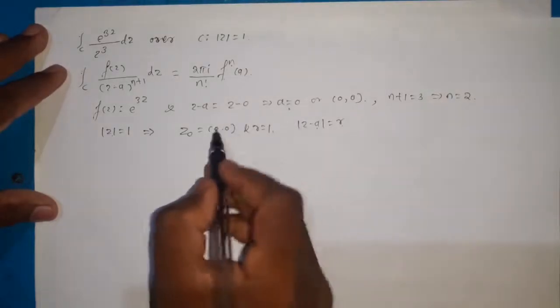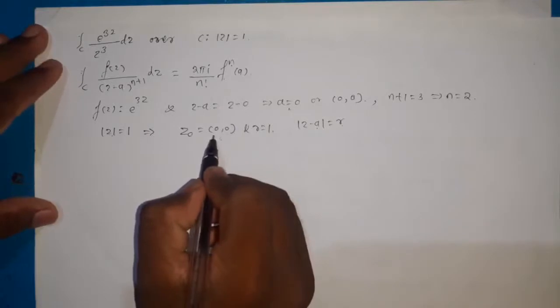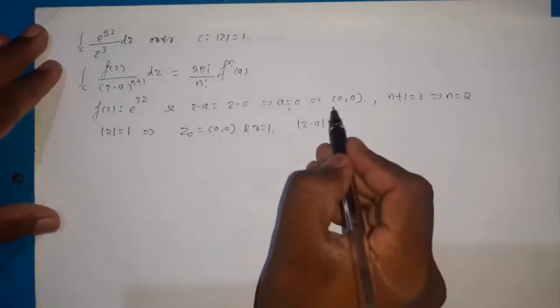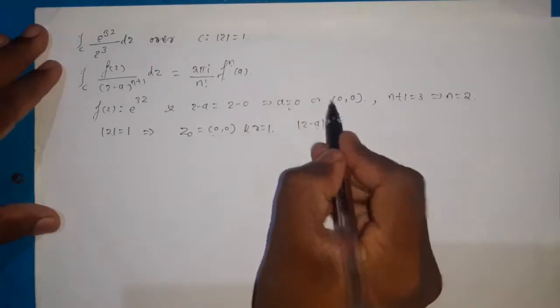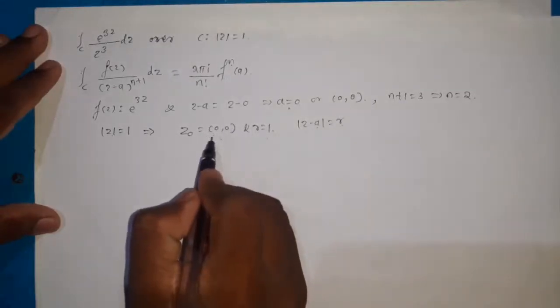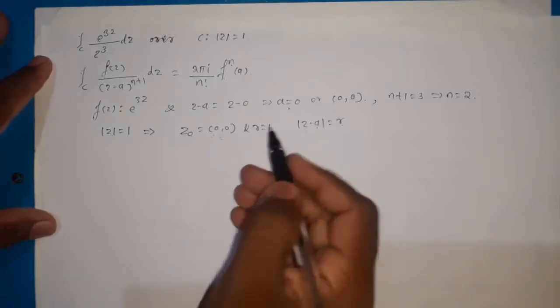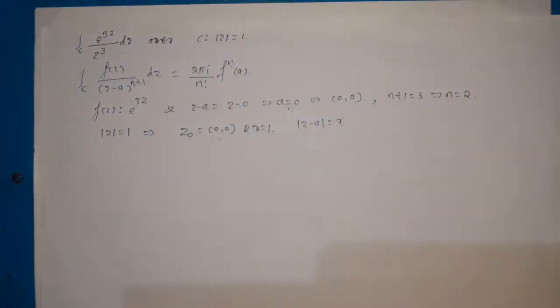If the center is other than 0, then we can use the distance formula to find the distance between the center z naught and the point a. Here since z naught equal to 0 comma 0, there is no need to find the distance between z naught and the point a.